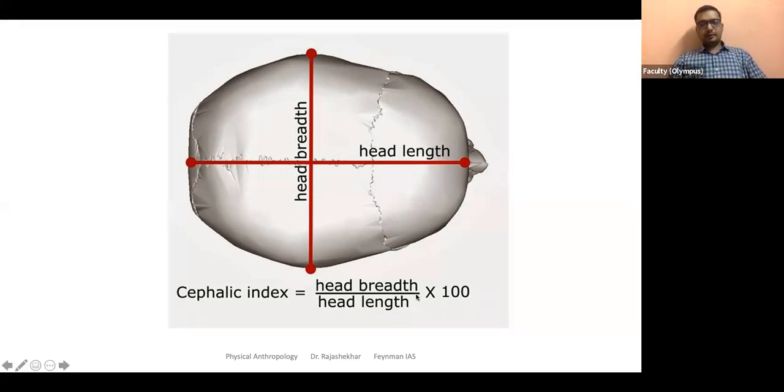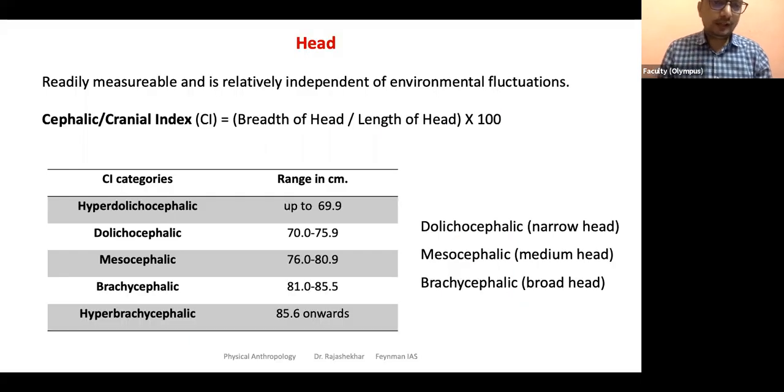Head breadth divided by head length, multiplied by 100, gives the cephalic index.